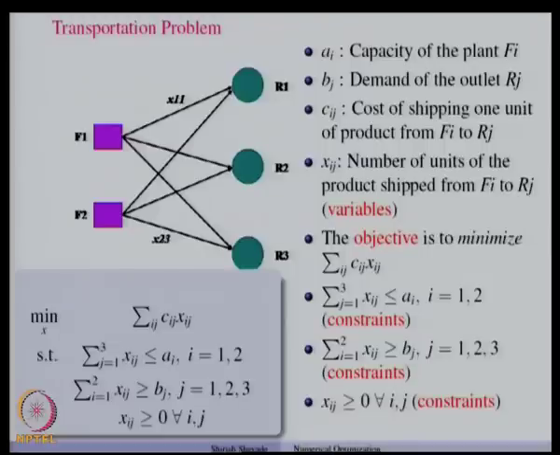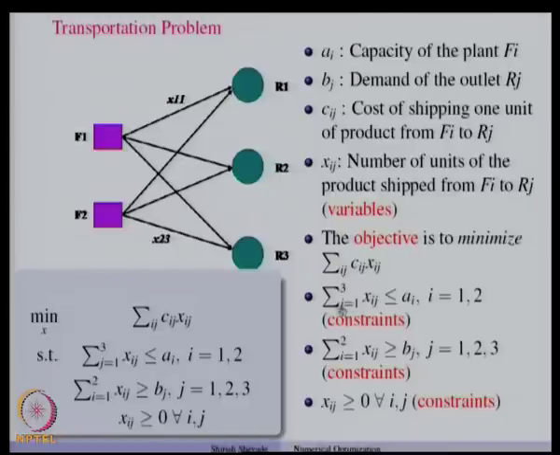That is not enough. We need to satisfy some constraints: the amount shipped from the factory i cannot exceed the capacity of that plant or factory, and the amount received by each of the outlets should be at least equal to the demand of that outlet.